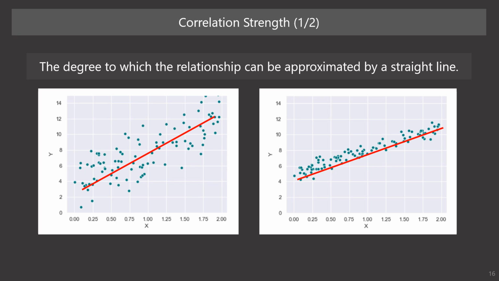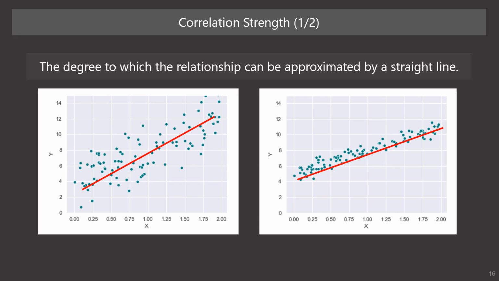We can say that the relationship between the two variables is more linear in the right plot than in the left plot. So, the correlation is stronger in the right plot than in the left plot. So, the absolute value of the correlation coefficient is larger in the right plot than in the left plot.